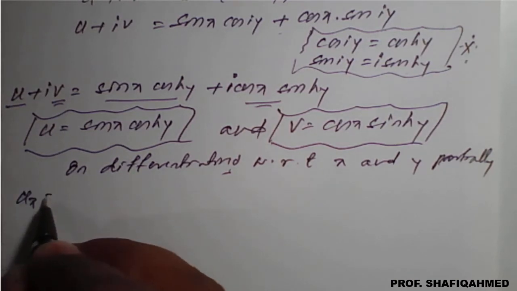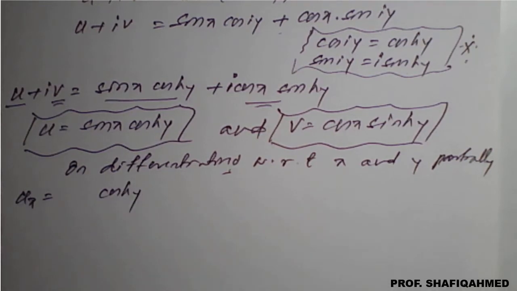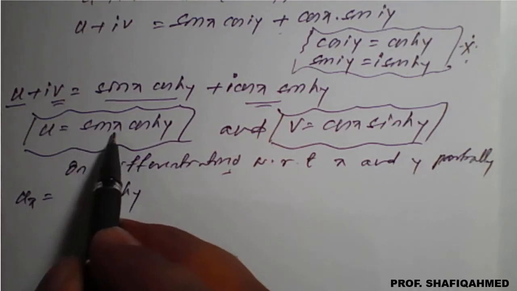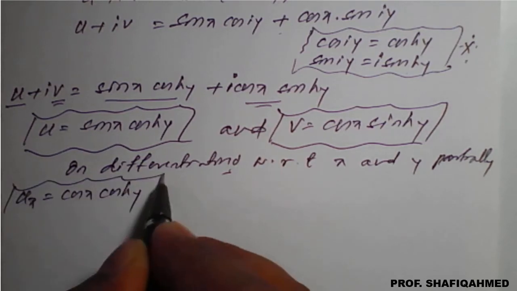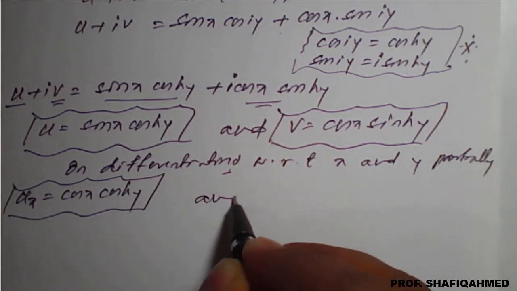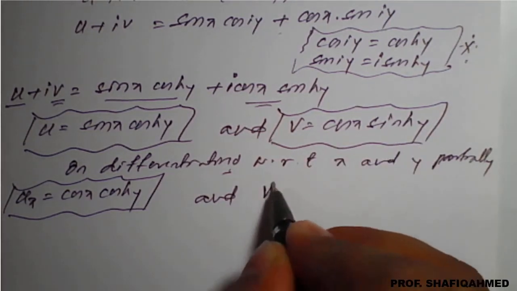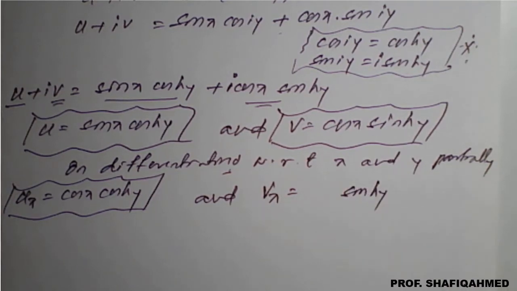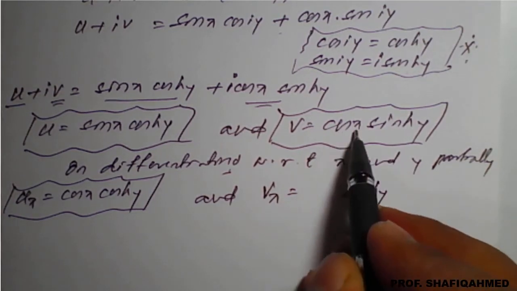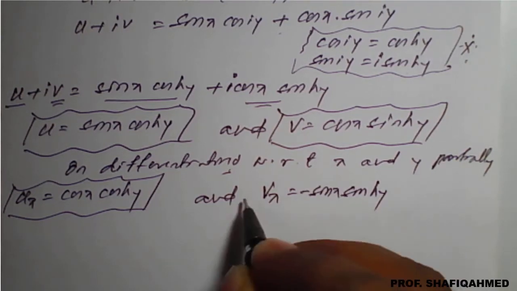So u x will be, at that time cos hyperbolic of y is a constant, so differentiation of sin x with respect to x is cos x. And we'll go for differentiation of v with respect to x partially, so it will become v x. In this, sin hyperbolic of y is a constant, so differentiation of cos x with respect to x is minus sin x.